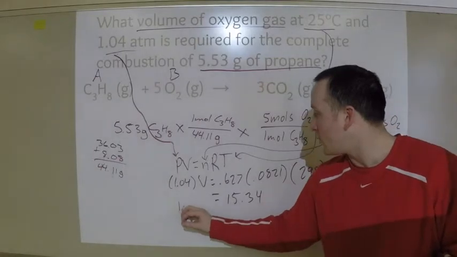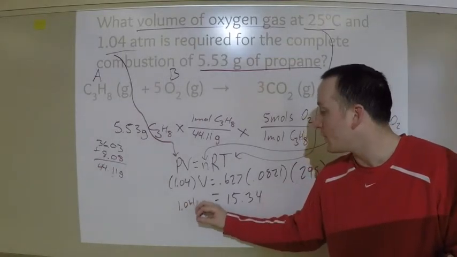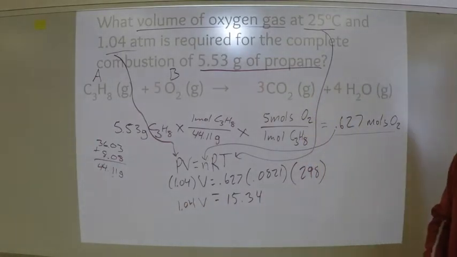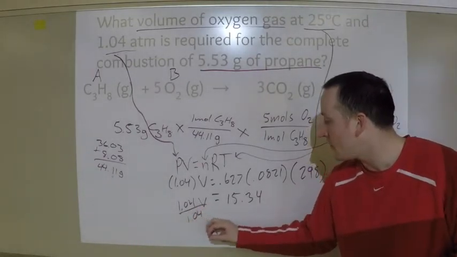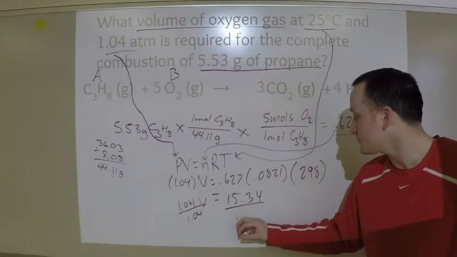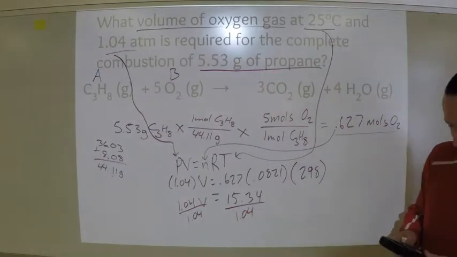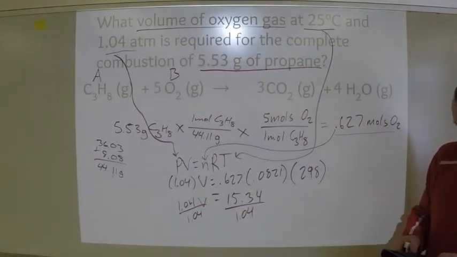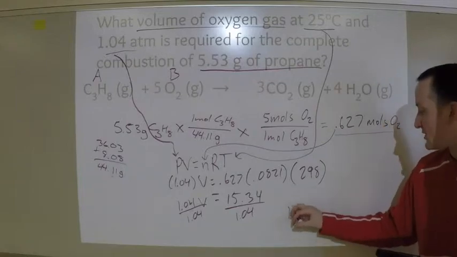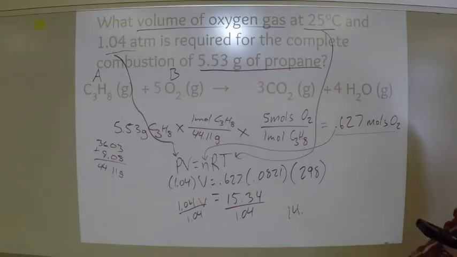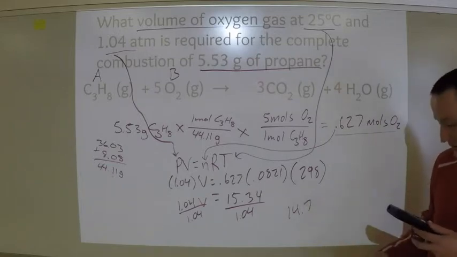So I have 1.04 times V is equal to 15.34. So now I divide both sides by 1.04, and I get 14.75.